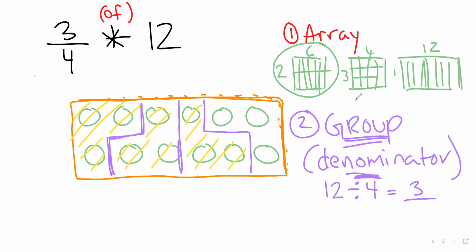So I'm not making a perfect array, but I am creating these equal groups within this box. I think that's a way to think about how we model this. If I shaded in 3 of these, let's look how many I have: 1, 2, 3, 4, 5, 6, 7, 8, 9. So 3/4 of 12 is 9.